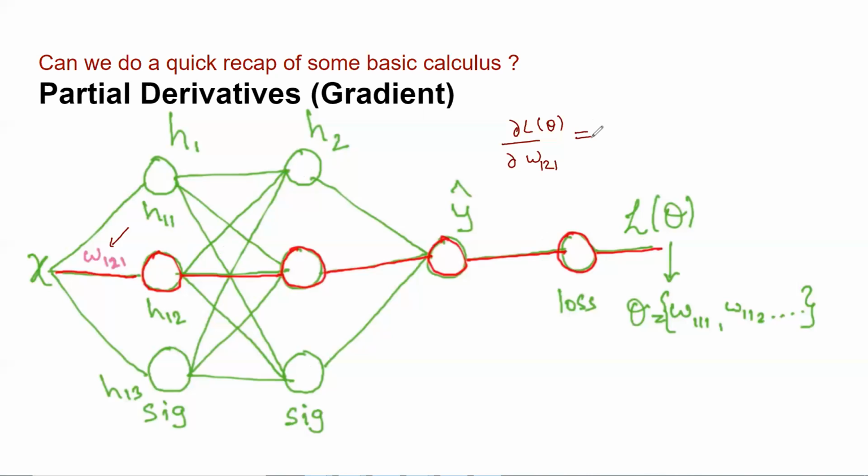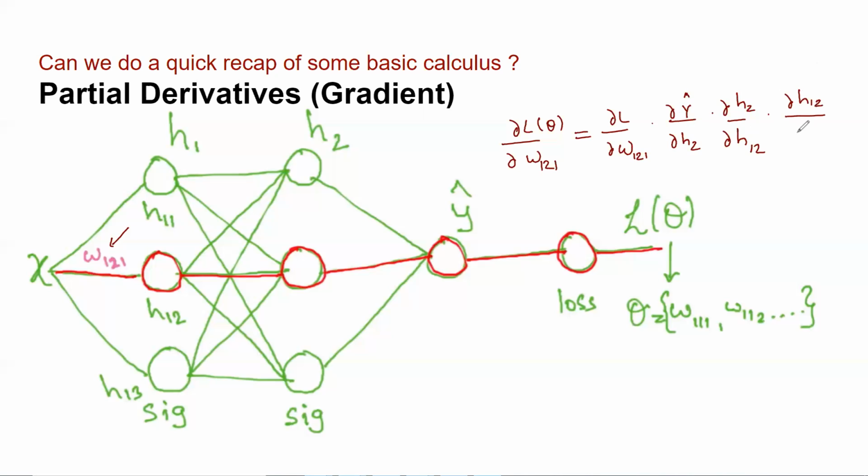So for that, I can write dL, I'm simply writing dL instead of dL theta, then dW, no, here I need to write it completely. Then d y-hat, d h2, d h2, d h12, d h12, dW121.